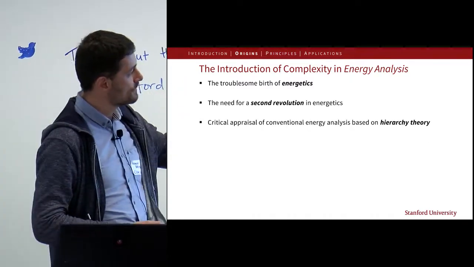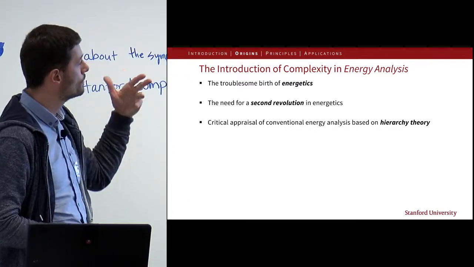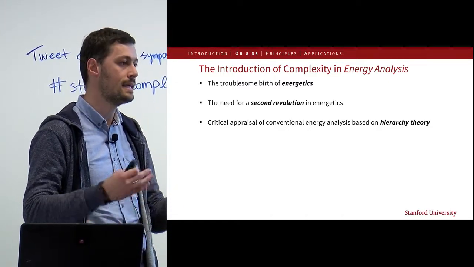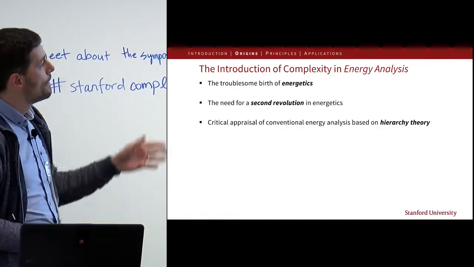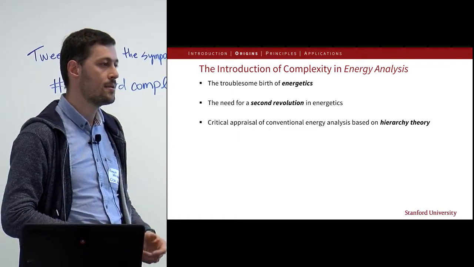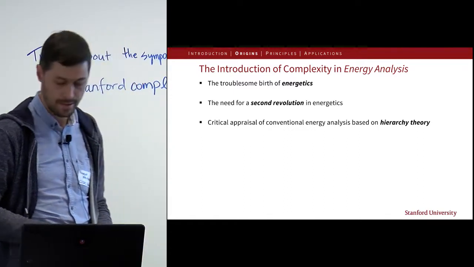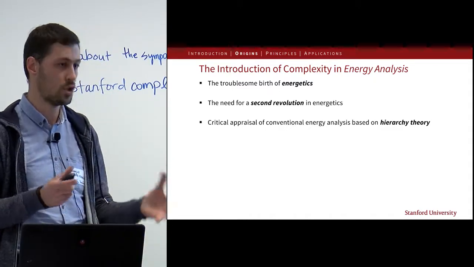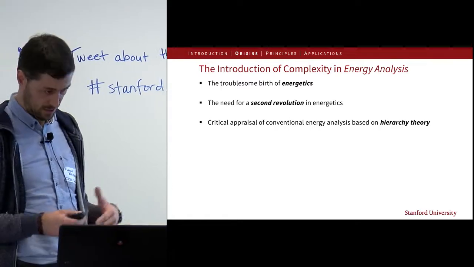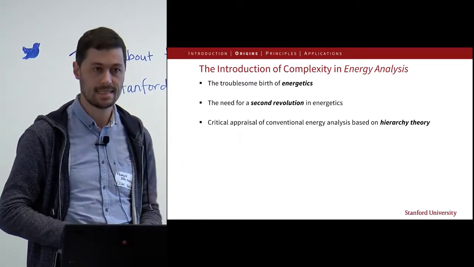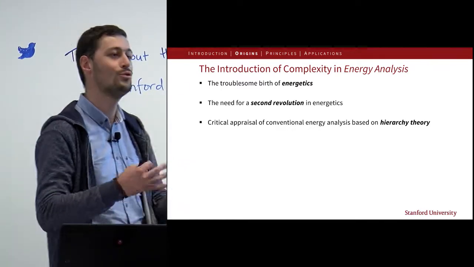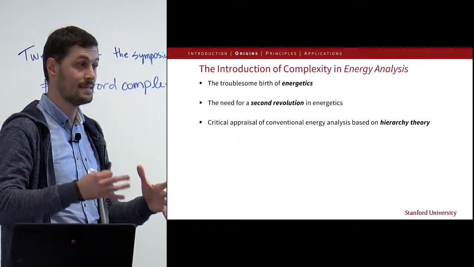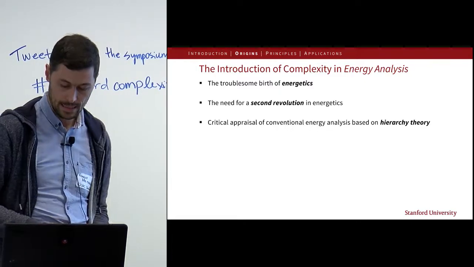The introduction of complexity went first through a critical appraisal of the existing energy analysis at the time, mainly based on hierarchy theory, which is a subfield of complexity theory. This critical appraisal identified some methodological shortcomings of energy analysis: the truncation problem, so how do you define your boundaries, especially whenever a system is linked to the external world as well.